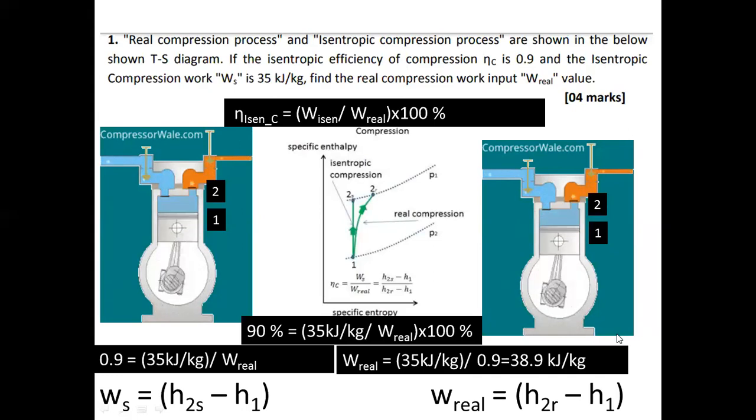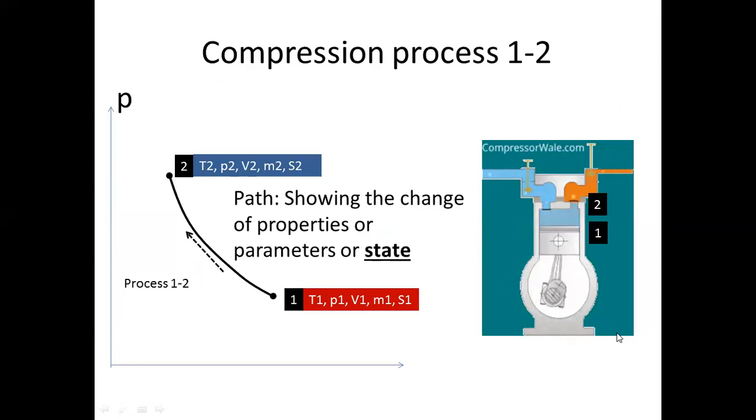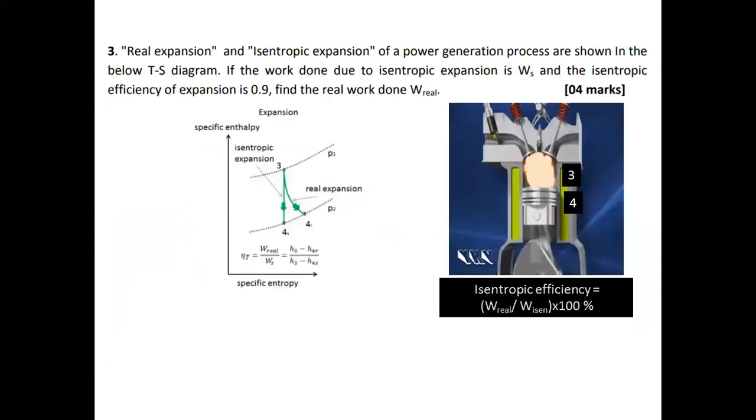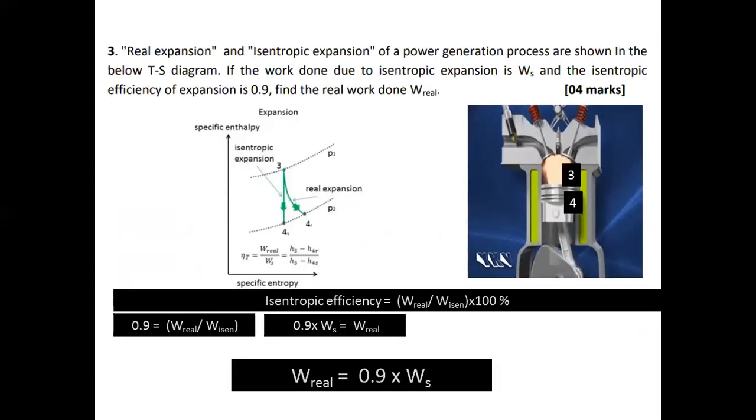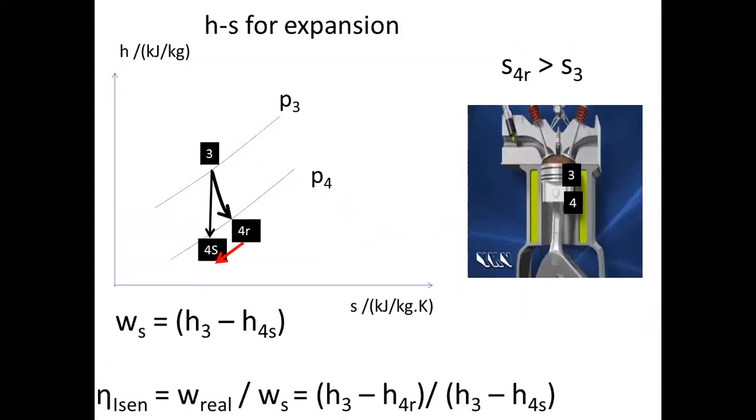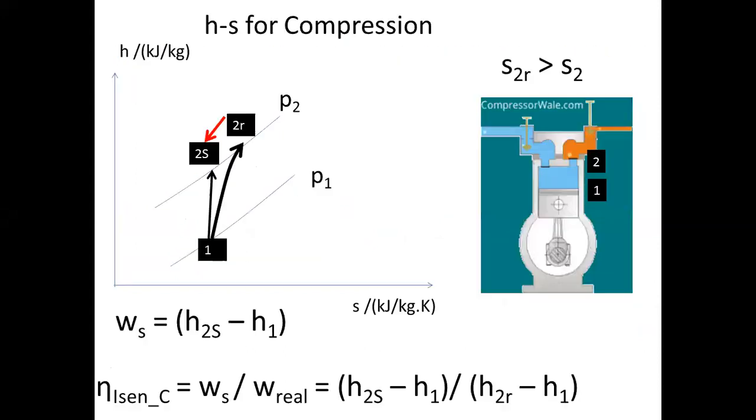Question. Compression process. Another expansion question. You will get the answers. Here the WS is not given, so 0.9 times WS. So the real work done is less. But for compressors, real work in is more. HS for expansion. Expansion means work done. HS for compression.